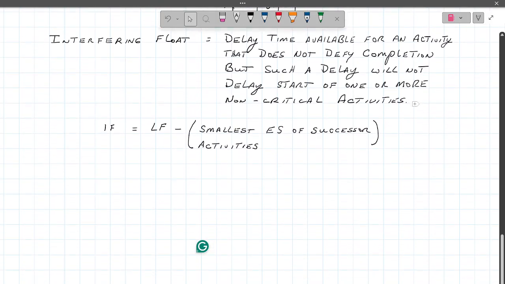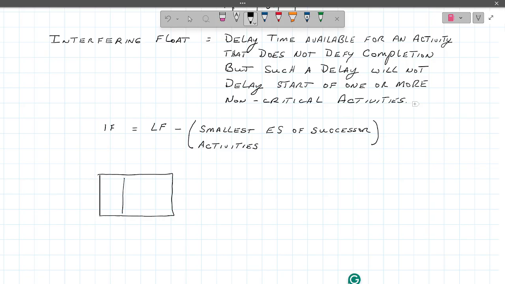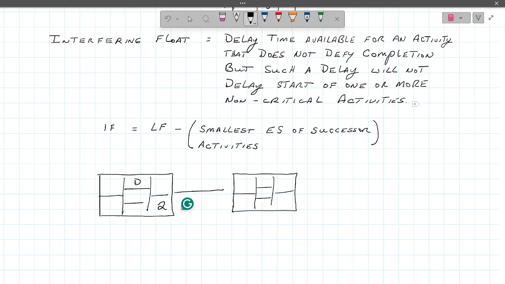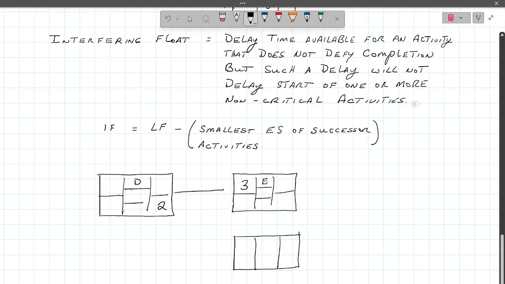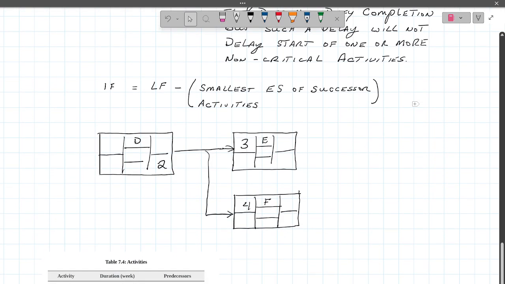And it has a box that looks something like this. Okay. And that's what that one's about.